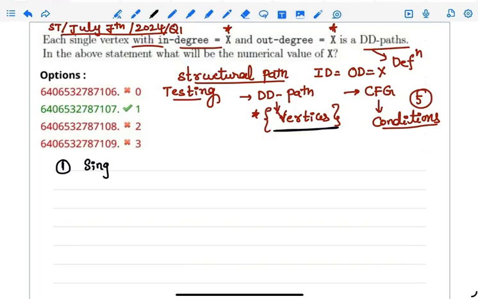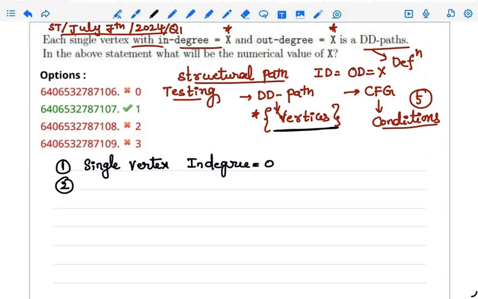The first condition: a single vertex in a control flow graph with in degree 0. The second is the same, a single vertex or node, you can call it a node also, with out degree 0.